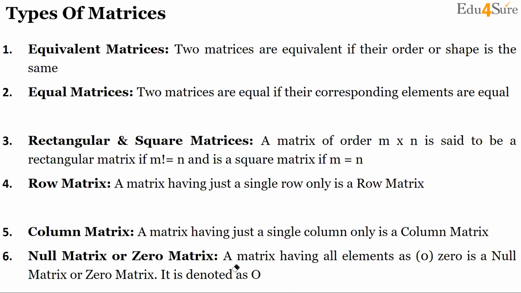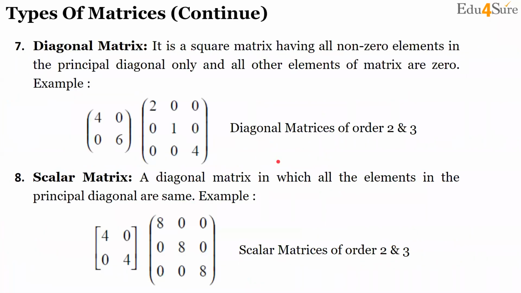So these are the types of matrices. There are a few more matrices, like diagonal matrices. What do you mean by diagonal matrices? Diagonal matrices will have all the non-zero elements on the principal diagonal. What do you mean by principal diagonal?